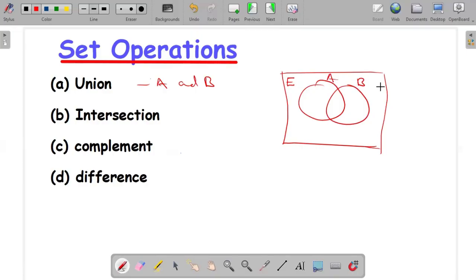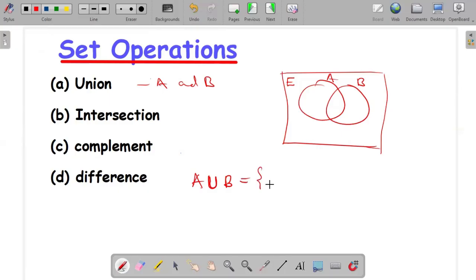Now, what the union of these two sets does is it considers elements that are in A or that are in B. So I'll write it here. A union B is represented by this symbol, which looks like a U, so it's easy to remember because that's union.